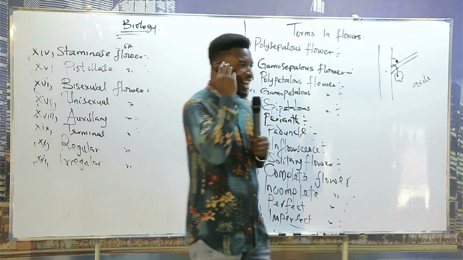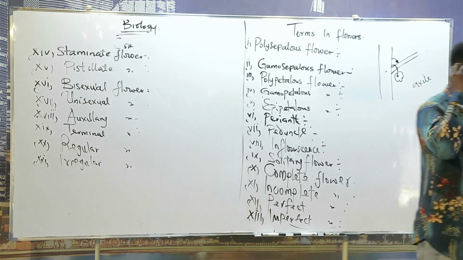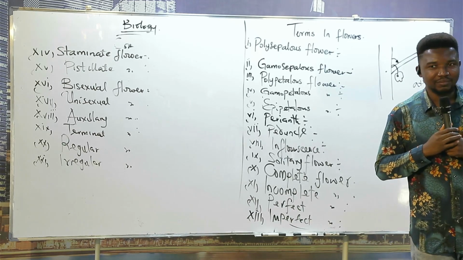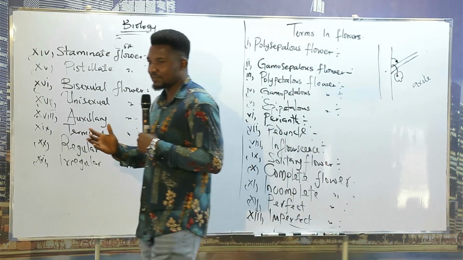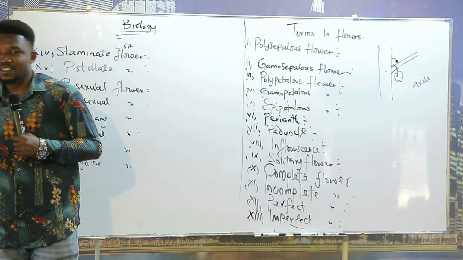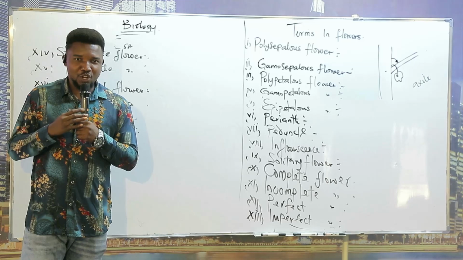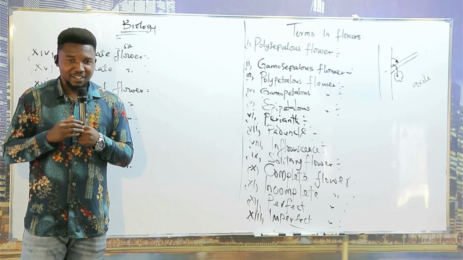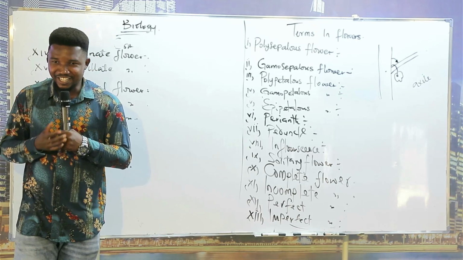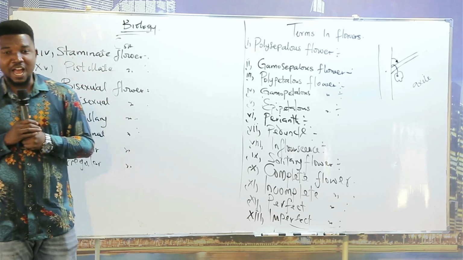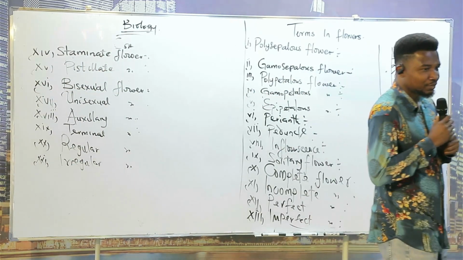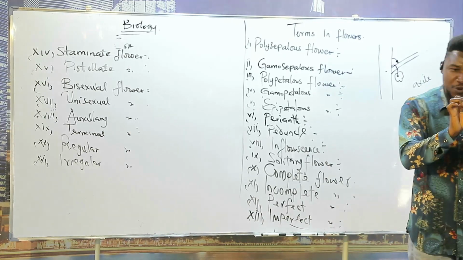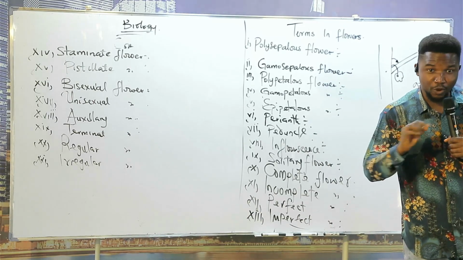Another thing is diagram. Diagram is where they eat you up. I've been in a situation where if you are drawing, students will be sighing. But just know that why we practice it here is for you to at least know where to place each label as you are drawing.